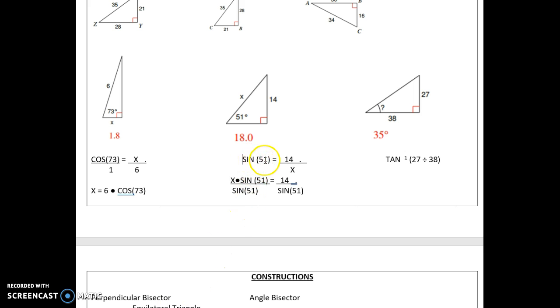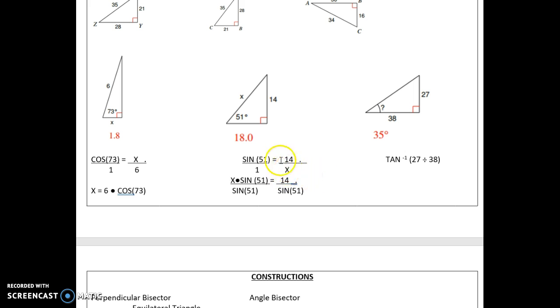So we have the sine of 51, the opposite is 14, the hypotenuse is x. When you cross multiply, again, we can put this over 1 because we have the angle measure. When we put this over 1, when you cross multiply, again, I always start with the variable just because in my brain that's how it works.